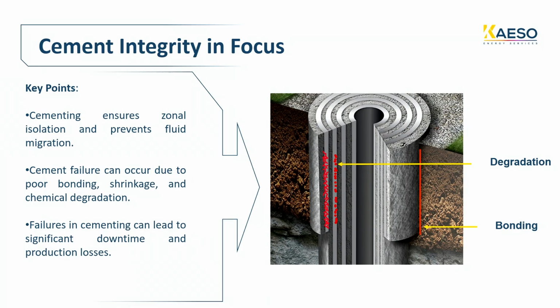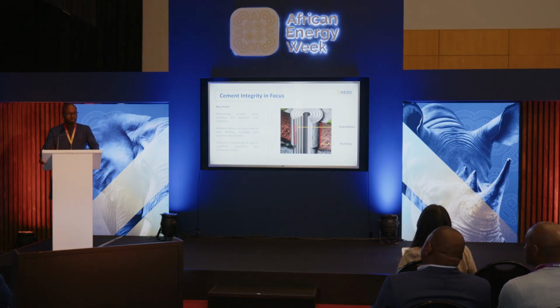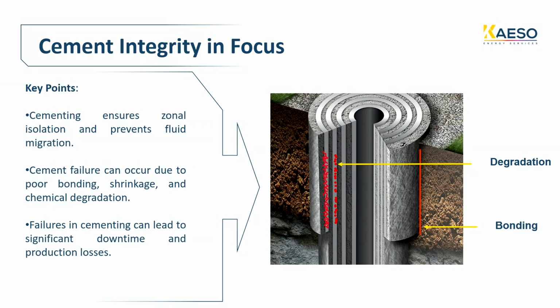Let's review the role of cement. Cement has a key role in our industry. It allows us to have zonal isolation. It prevents fluid migration. And it also gives structural integrity to the well itself, so it prevents the well from collapsing. What are the issues that we can have with cement?